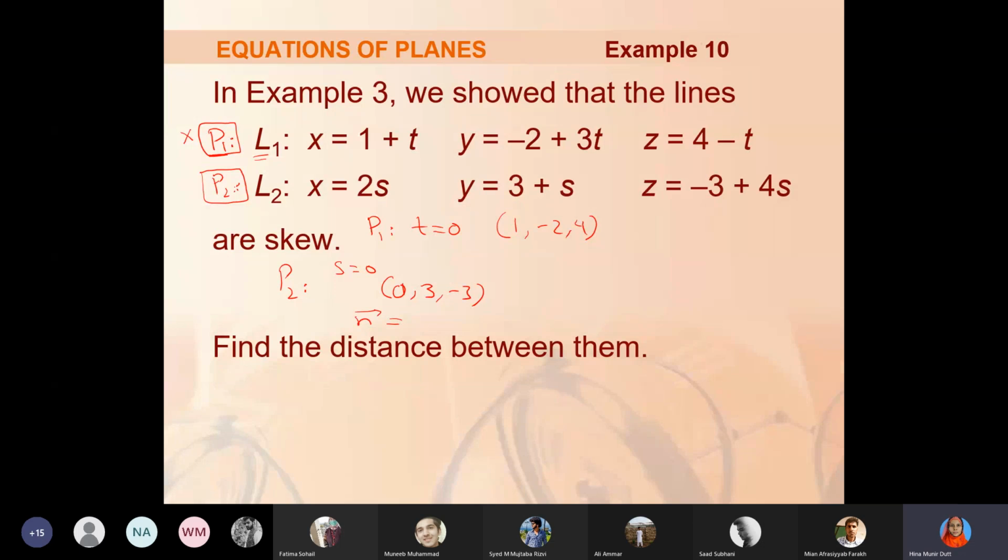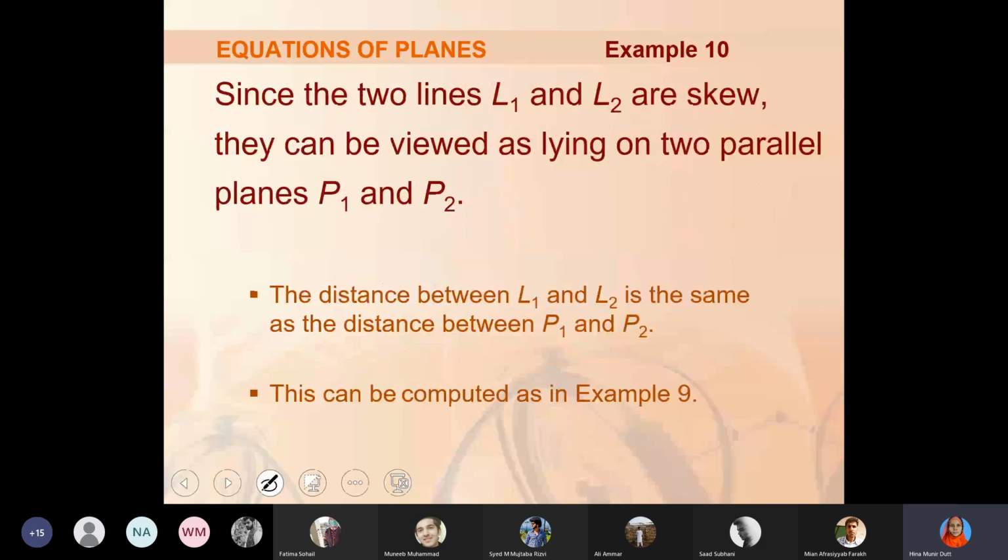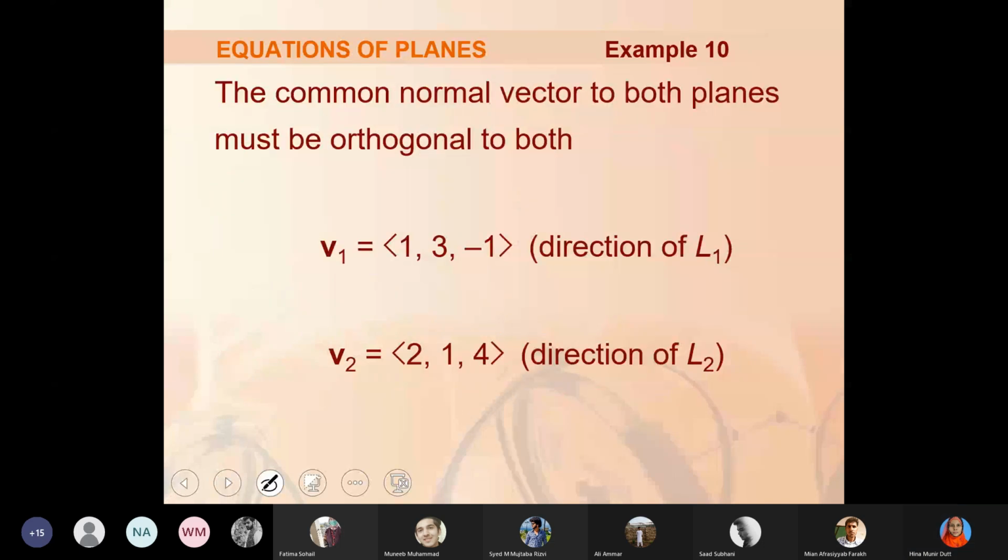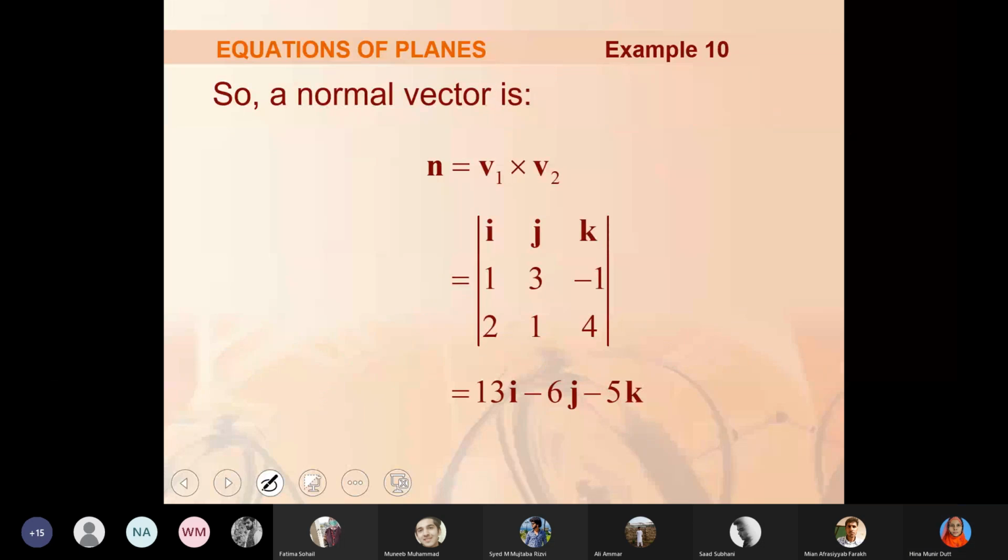Now the normal vector is perpendicular to this vector 1, 3, -1, and V2 is 2, 1, 4. So the normal vector is perpendicular to these two vectors, and I have determined the normal vector n by taking the cross product of V1 and V2.